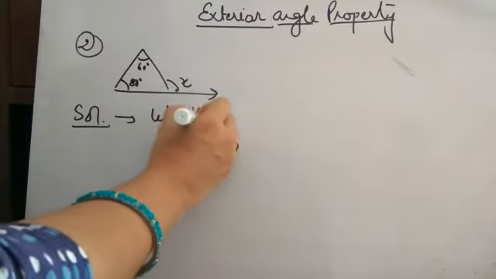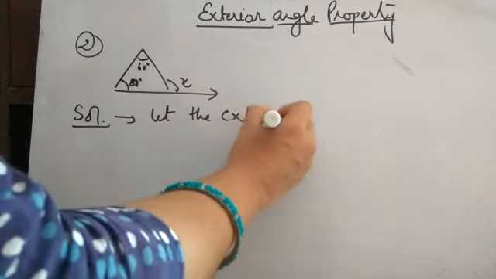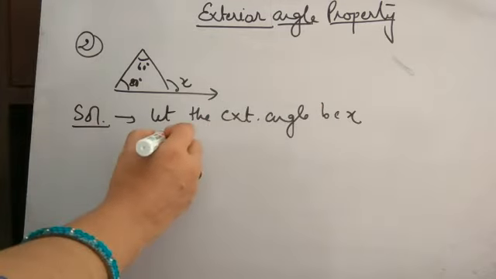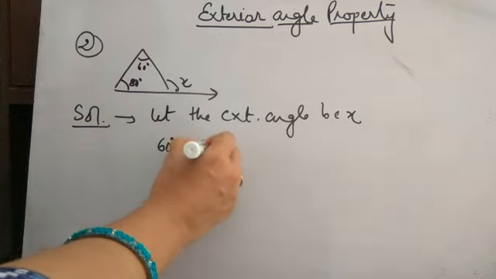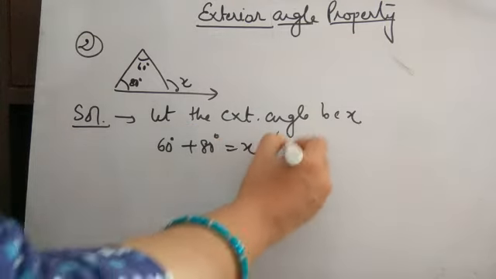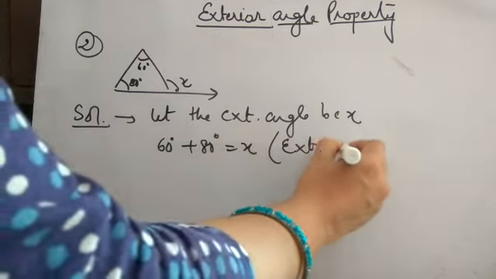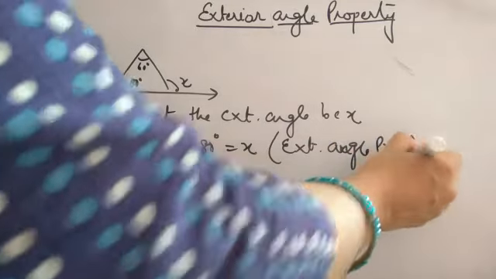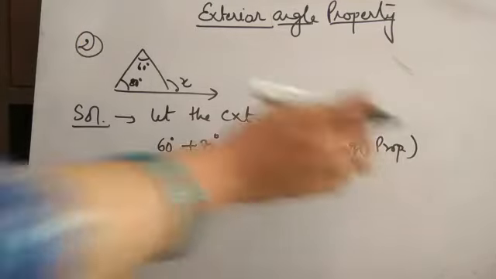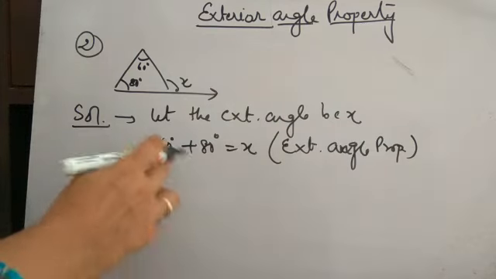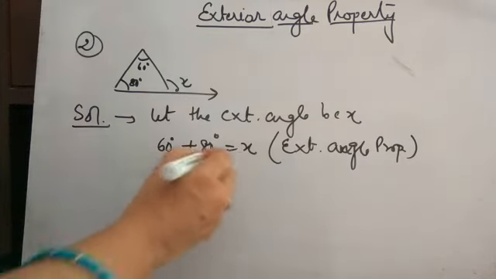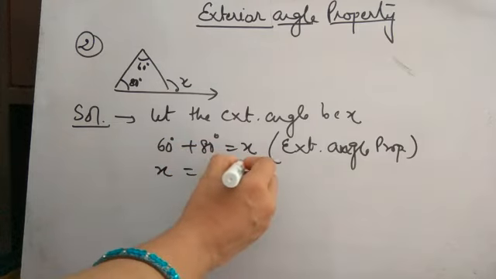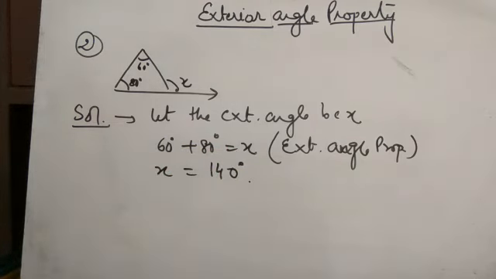Let the exterior angle be x. So 60 plus 80 is equal to x, by the exterior angle property. This is very important, I told you in the previous question also. Now x is equal to 60 plus 80: 0, 0, 8 and 6 is 14. So it is 140 degrees.